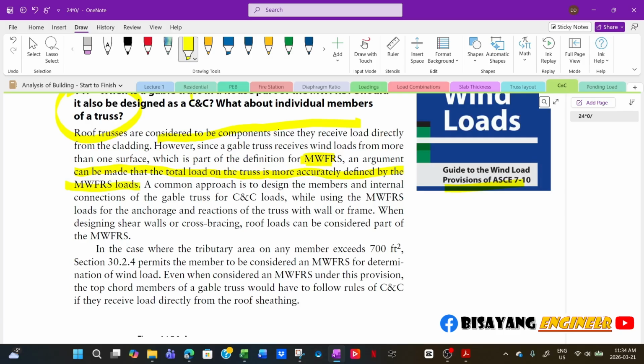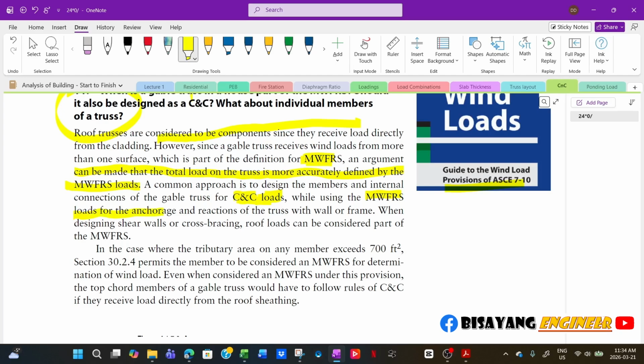A common approach is to design the members and internal connections of the gable truss for C&C loading, while using the MWFRS for the anchorage and reactions to the truss with wall or frame.